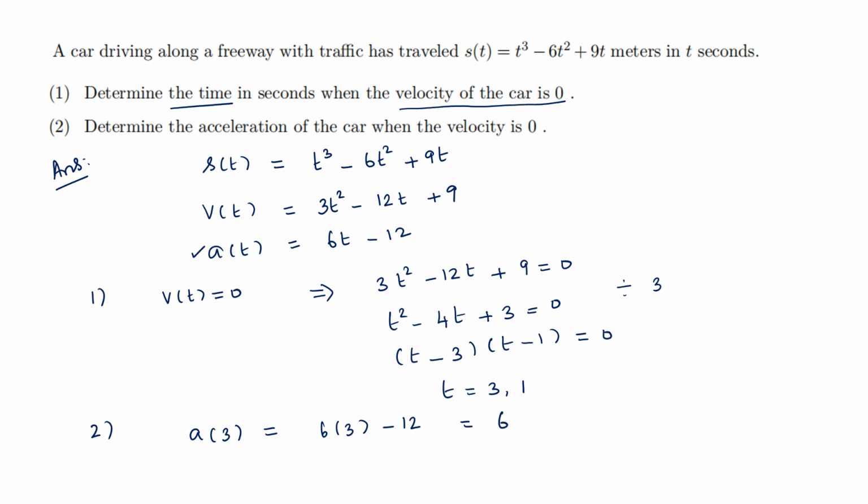Acceleration unit is meter per second square. And second one, a of 1, which is equal to 6 times 1 minus 12 equal to minus 6 meter per second square.